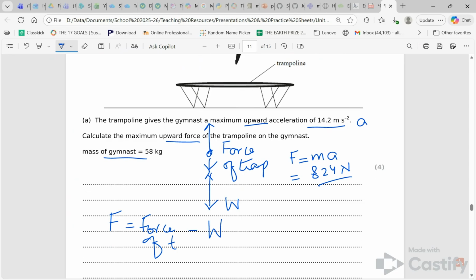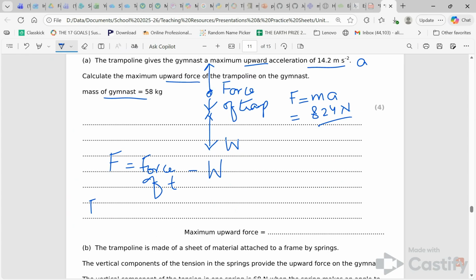So if I need to find the force of the trampoline, I have to add the weight to the resultant force. So force of trampoline is equal to resultant force plus the weight, which will give me an answer of 1393 newtons, or in standard form I can write it as 1.39 times 10 to the power 3 newtons. We must give our answers to 3 significant figures.